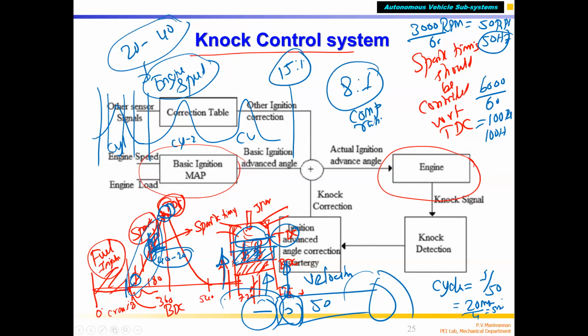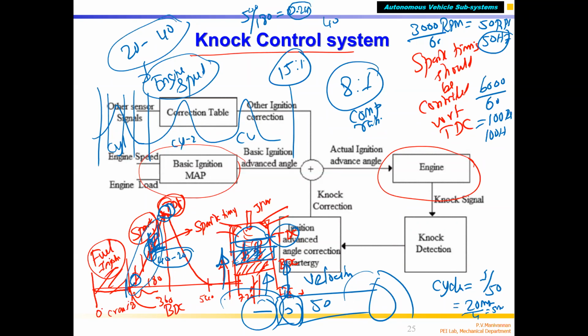So now 5 milliseconds divided by 180 degree is the time for 1 degree movement of the crank, correct? Now, if I say 40 degrees maximum advance, 5 divided by 180, approximately 0.03, correct?